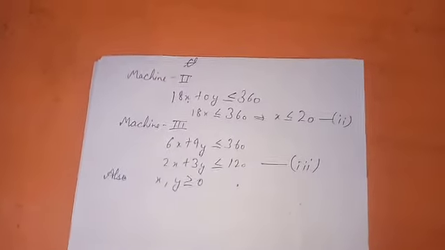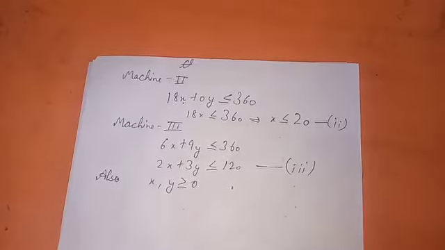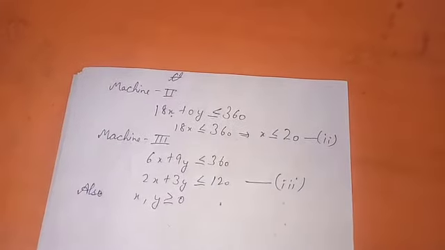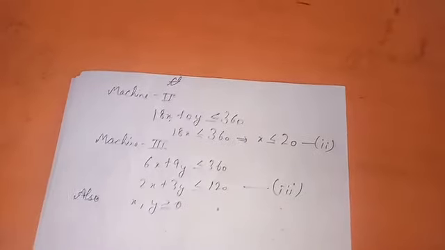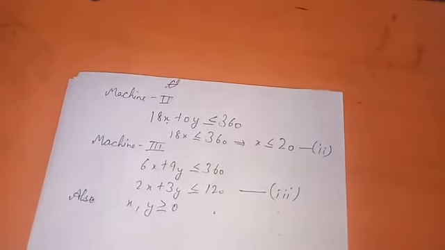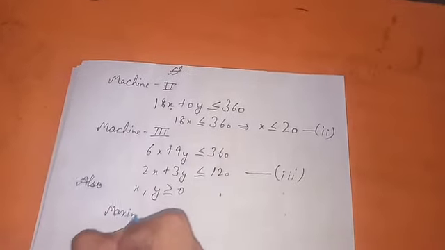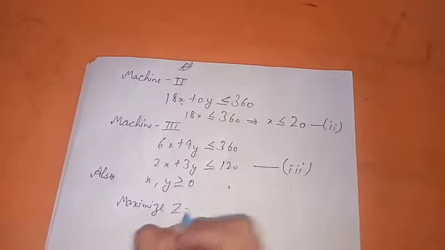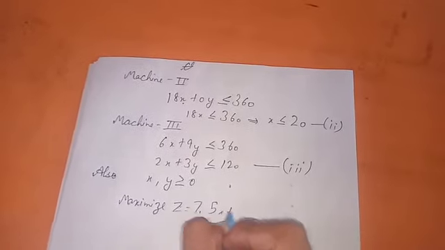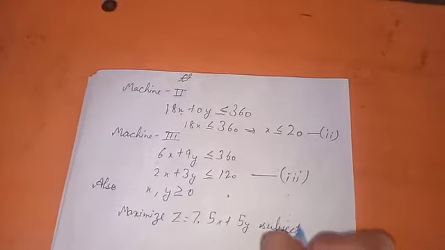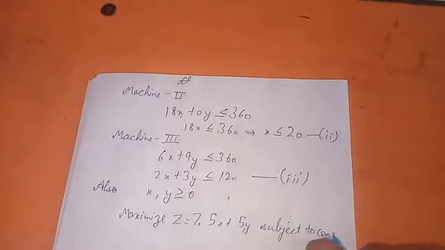Okay, now we have to write the mathematical formulation of given LPP as follows. Then we will write what we have to do, that is maximize z is equal to 7.5x plus 5y subject to constraints.